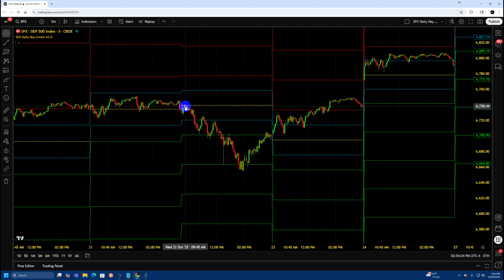Then you look at a session like this where we have a drastic move down. We have S1, S2, S3 just beyond, so that's a 3 level move down from the bull bear key price level. However, you did get a move here from the S2 level all the way back up to a little bit beyond S1.